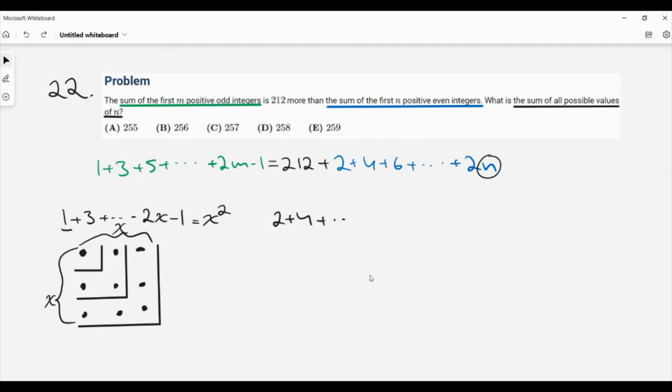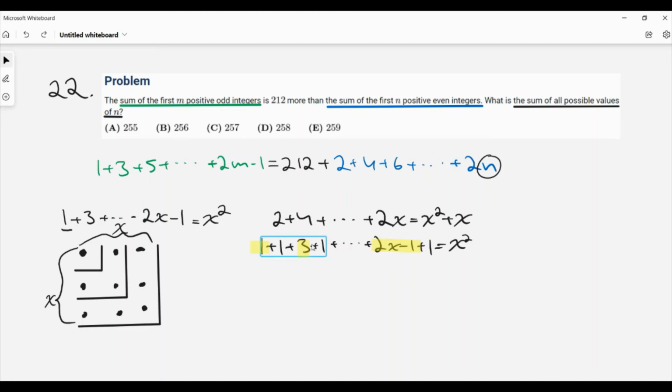And then the sum of the first x even integers is x squared plus x. And we can notice that we can write 2 as 1 plus 1, 4 as 3 plus 1, and so on. And then we can write 2x as 2x minus 1 plus 1. And so we highlight all of the resulting odd terms. Notice that their sum is equal to x squared.